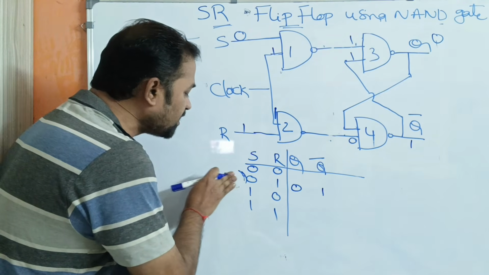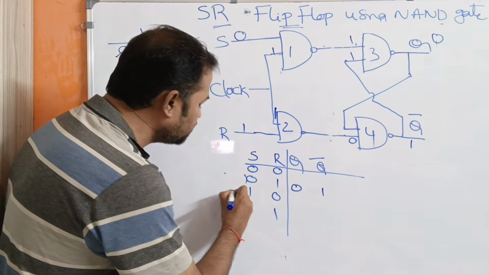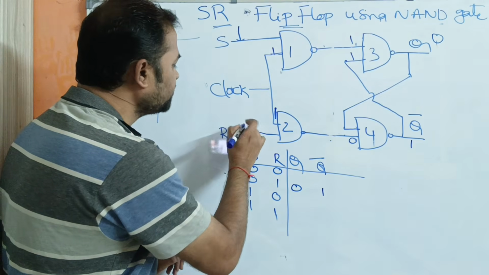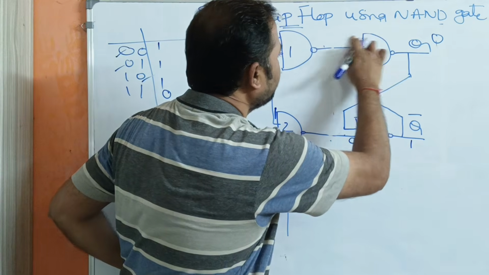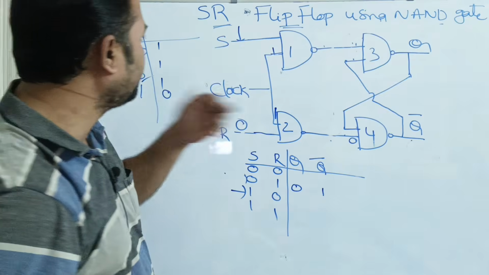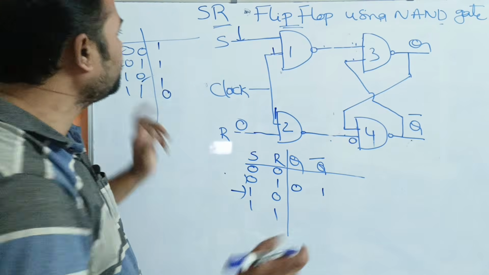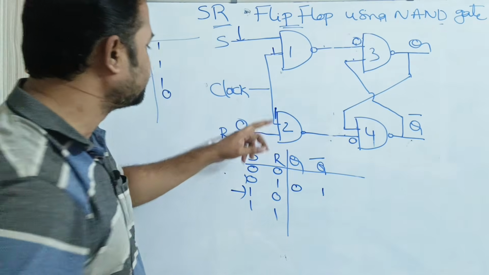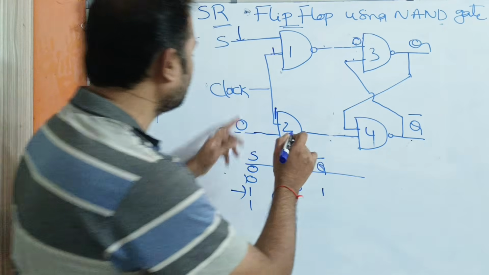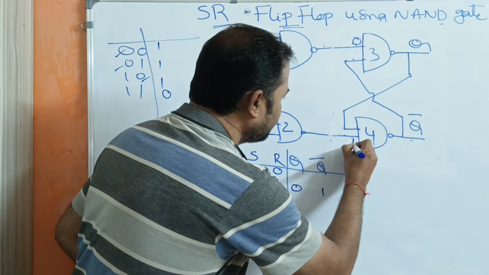Now let us focus on the next combination, that is 1, 0. S value is 1, R value is 0. The clock pulse value must always be 1 only. So 1, 1 means the output is 0. Next, 0, 1 means the output is 1.